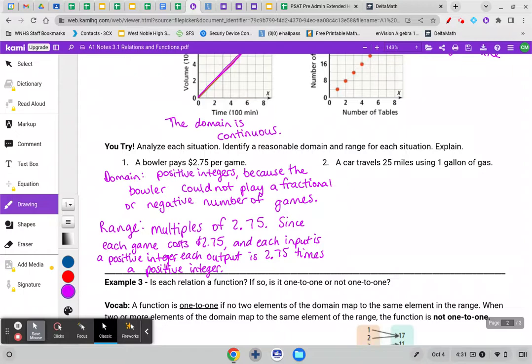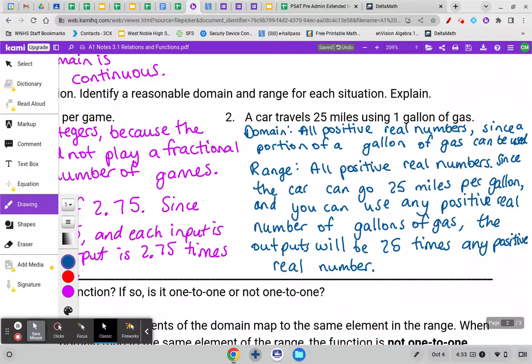Go ahead and try the second one then. So the second one says a car travels 25 miles using 1 gallon of gas. So our domain here, our inputs are going to be all positive real numbers since a portion of a gallon of gas can be used. You don't have to buy even increments of gas. It's not just 1 gallon, 2 gallons, 3 gallons. You could buy 2.5 gallons.